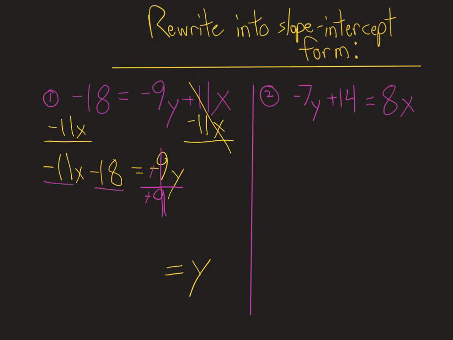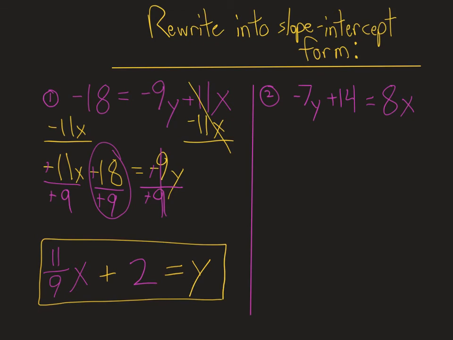And make sure you do it twice on both of these guys. Lots of pairs of negatives to cancel. 18 over 9, that's just going to be 2. And then 11 over 9. And there you go, slope-intercept form.